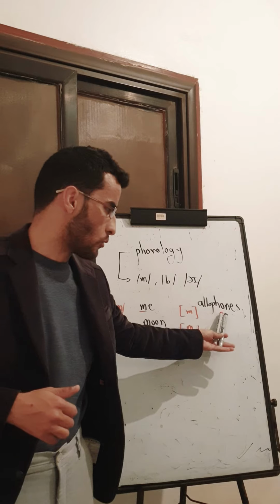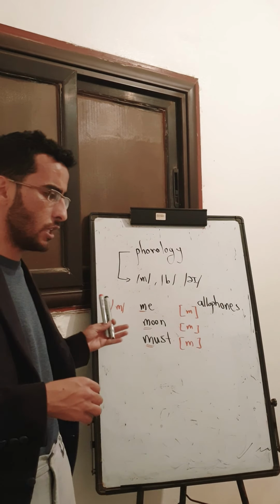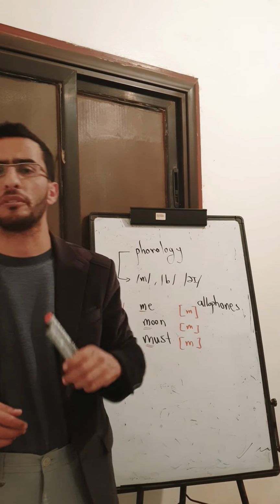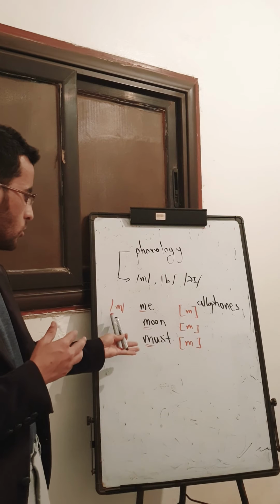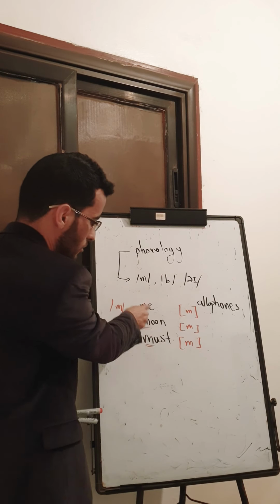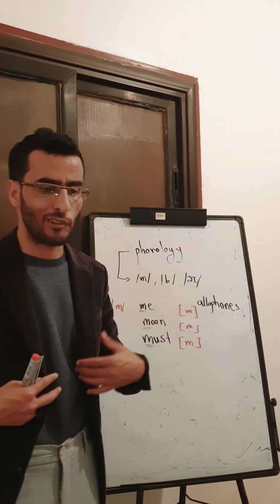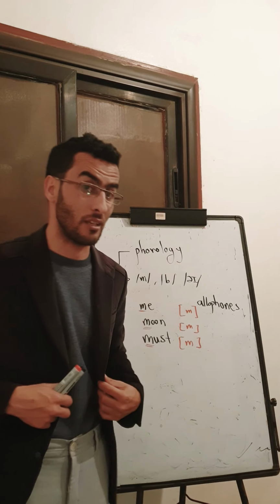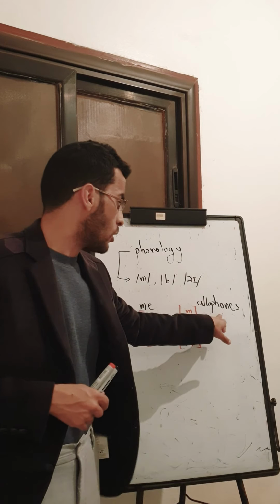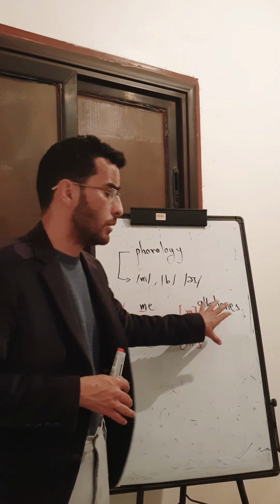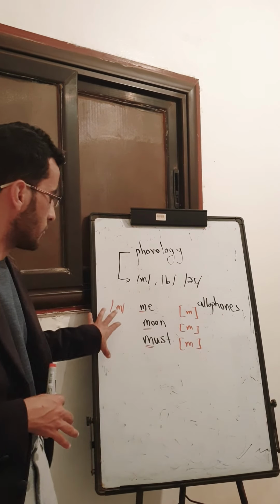What's an allophone? It is a phoneme in a different phonetic environment. هو عبارة عن فونيم صوت في بيئة صوتية مختلفة. Okay? Sometimes I speak in Arabic just to clarify things for you.